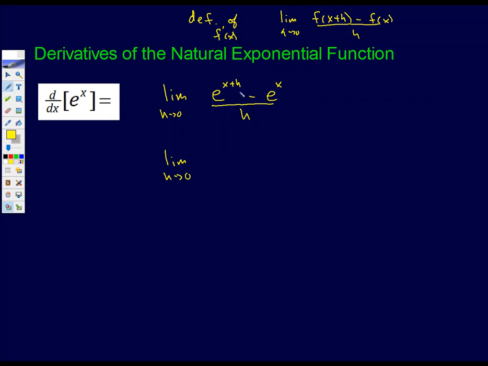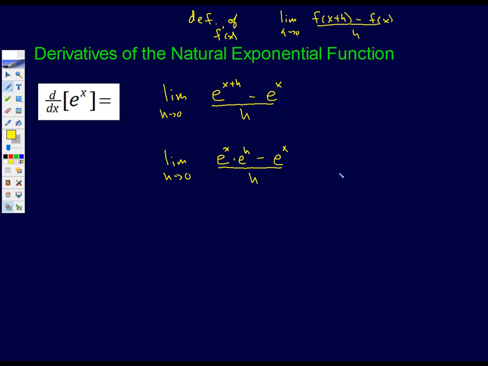Look at this upper left corner. I want you to first agree that that could be written e to the x times e to the h, because remember your exponent properties, when I multiply with the same base, these exponents actually add. And I had them adding up there, so I can technically write it this way. And then just subtract the e to the x again, and it's still over h.